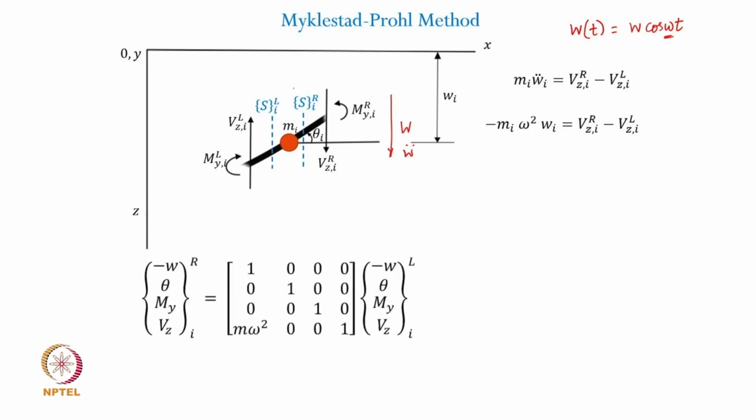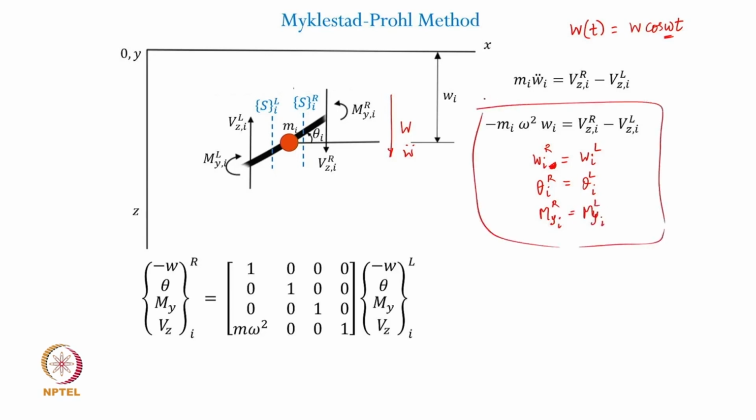And using these equations that I just discussed, Wi on the right side is equal to Wi on the left side, theta i on the right side is equal to theta i on the left side, and m y i on the right side is equal to m y i on the left side, and this one. You can now write the relation in matrix form.